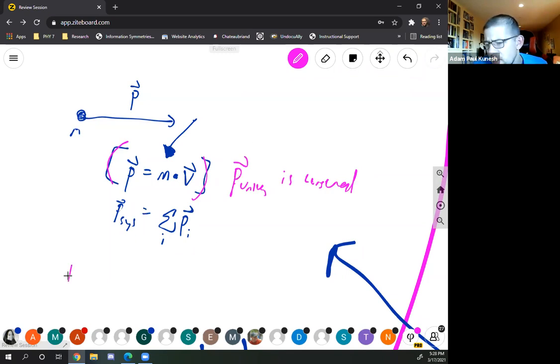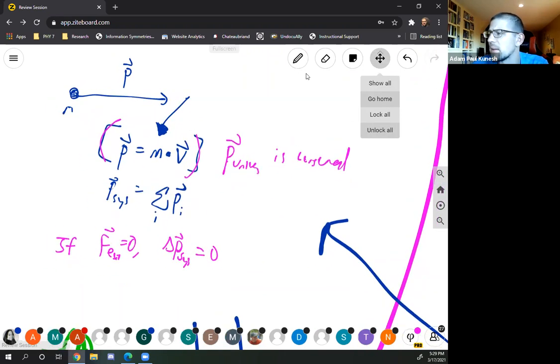The way that we say that is, if there are no external forces, if there's nothing outside my system messing around with me, then the change in momentum of my system is 0. This is conservation of momentum for a system which is free from external forces.